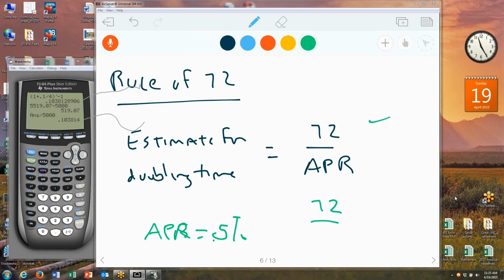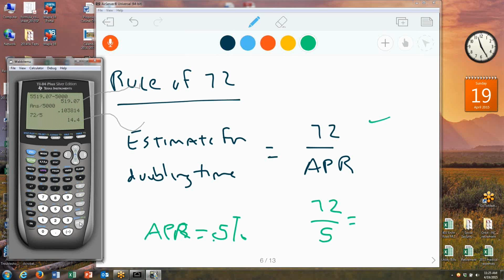This time just put your 5 in, don't make it into a decimal. 72 divided by 5 is about 14.4 years to double. You can figure that out exactly using logarithms or Excel, but it's just an estimate. Rule of 72, an estimate for doubling time.